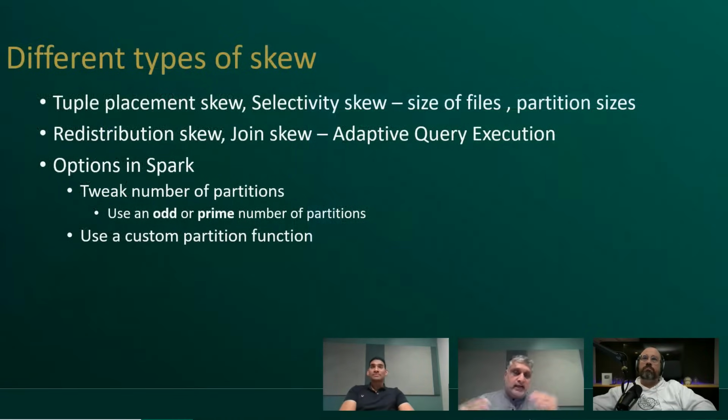I think we can go to the next one. Like I said, data engines have evolved and are doing a much better job these days of handling these kinds of skews. But there are still cases where you might have to watch out. For tuple placement skew and selectivity skew, you could try to adjust the size of your files and your partition sizes so that they are nearly even. This again comes to the bronze layer to silver layer tuning. In Spark 3.5 with Delta 3.2, there's liquid clustering.